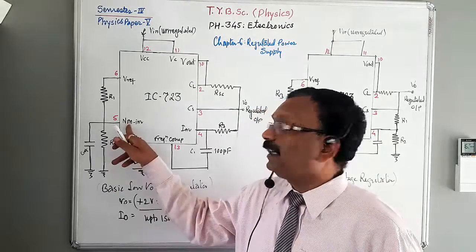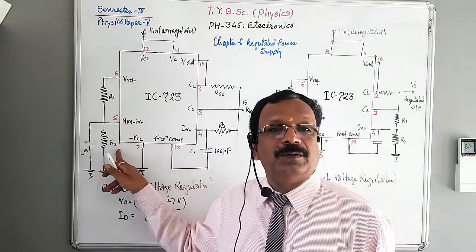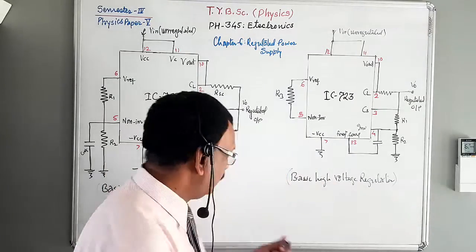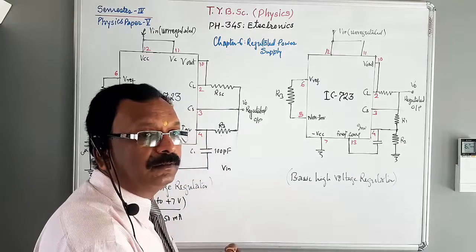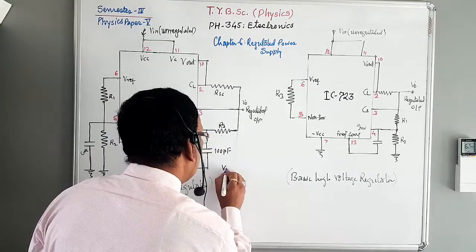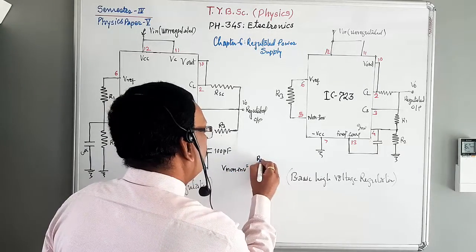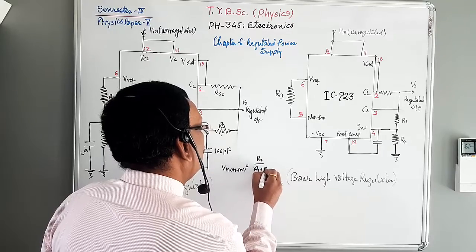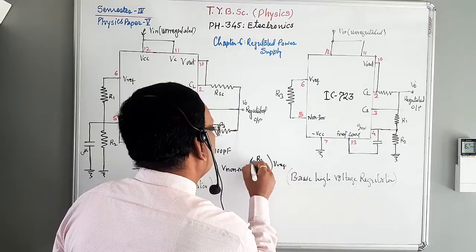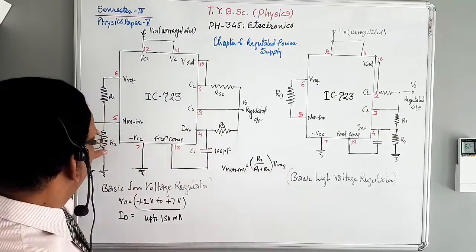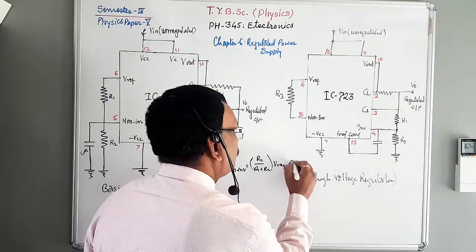Therefore, the voltage at the non-inverting terminal due to R1 and R2 is V non-inverting equal to R2 upon R1 plus R2 into V reference. Why R2? Because this is measured across R2. Suppose this is equation 1.